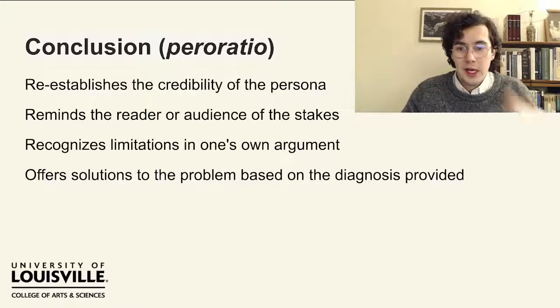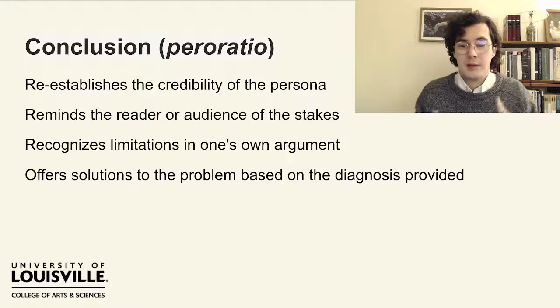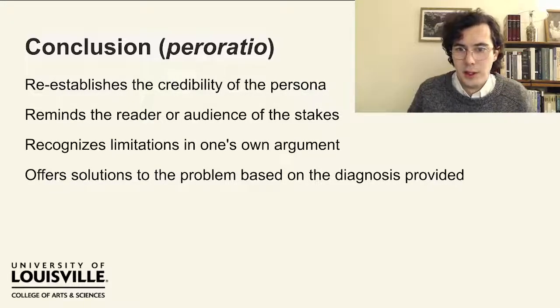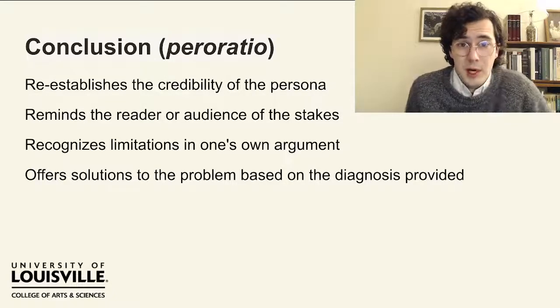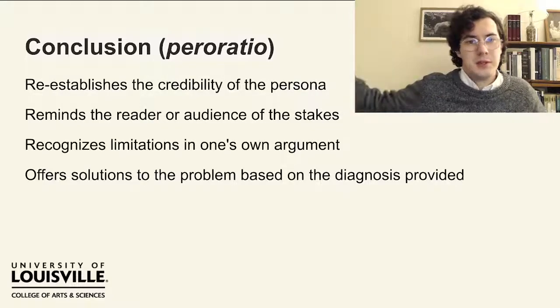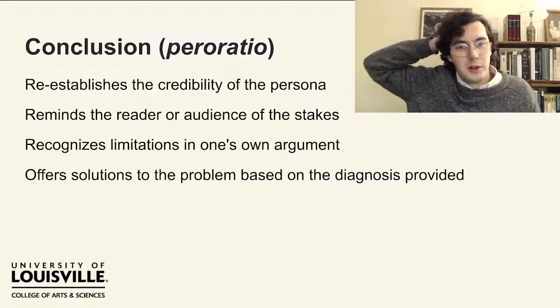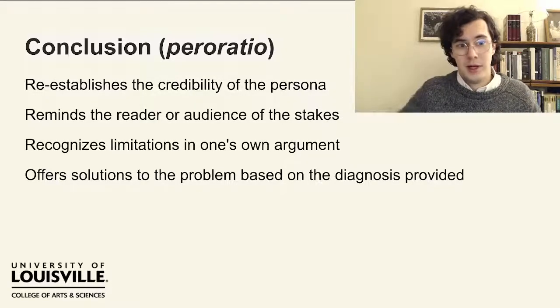So if you diagnose a problem correctly, well, great. What's the solution? Offering that solution to your reader, to your audience, will go a long way in establishing the validity of your argument and why it should be taken seriously, because you've thought through to the end. You haven't thought through just the diagnosis. You're not just a good critic, you're also good at persuading people to take action, right?